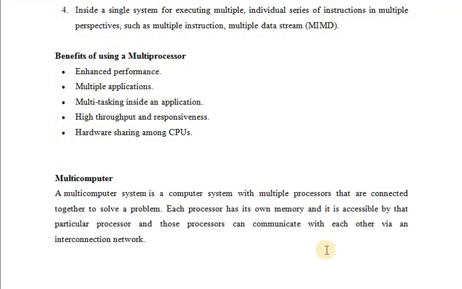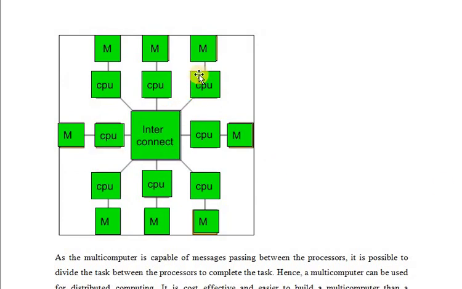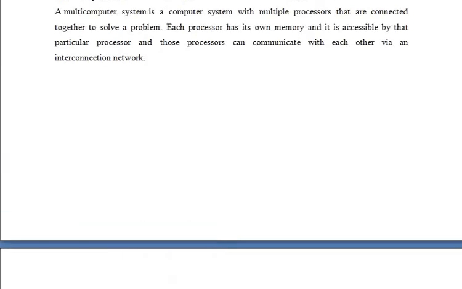See here, a multi-computer system is a computer system with multiple processors that are connected together to solve a problem. They are interconnected. M stands for memory, so each CPU has separate memory.